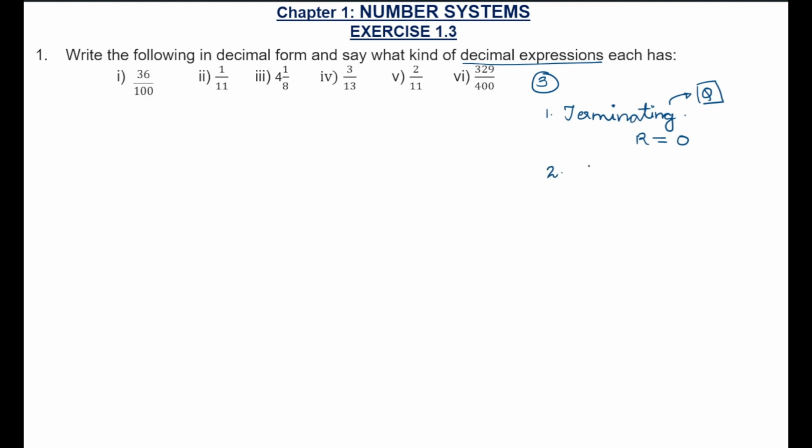Number two, type 2 is non-terminating. Now, this non-terminating decimal expression could be non-terminating and repeating. Again, by the name, it is very clear that while you are doing the division process, you will get a point where you will find that the quotient will have a pattern of repetition, and the remainder will never be equal to 0.